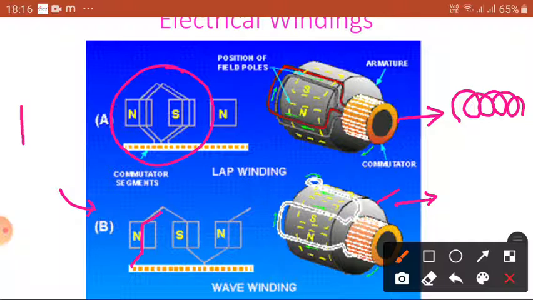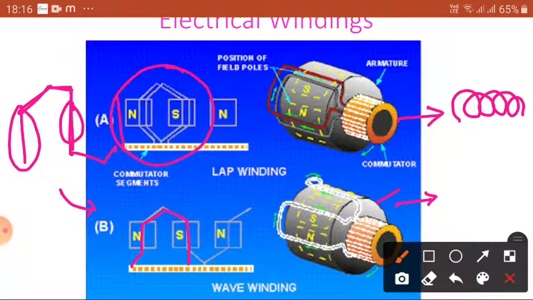If you see, this is one coil, placed here in one slot. It will connect to the other side in the adjacent pole, you can see here. Now in this case, the coil is connected to another coil of another pole.